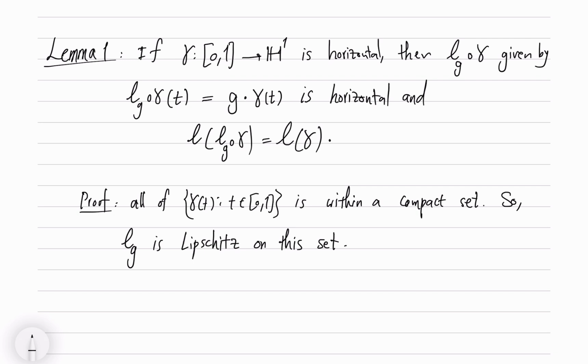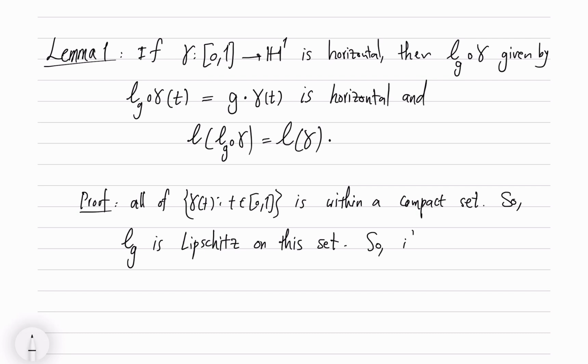If you look at the formula for the group multiplication, it's a bunch of polynomial operations in each variable, involving x's, 2x's, minus 2y's, and stuff like that. And if you restrict yourself to a bounded region in R3, these are Lipschitz operations.